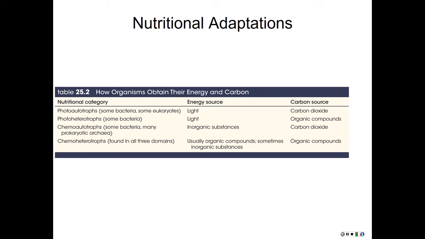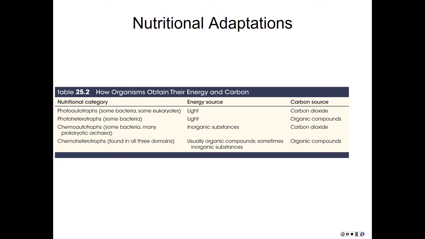So let's break down what these mean. When we talk about nutritional adaptations, there's how you make your energy, so how you make your ATP, in other words, and what you use for a carbon source. What are you using to build the organic structures of your body?